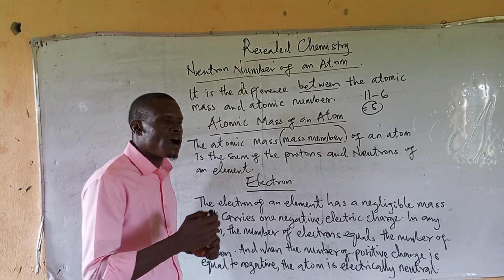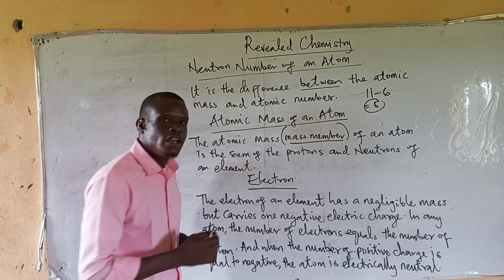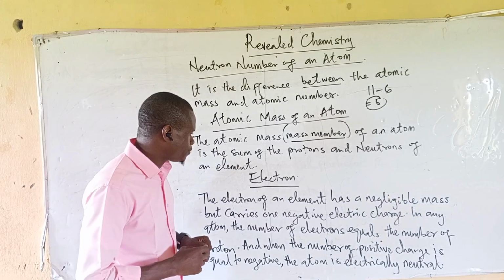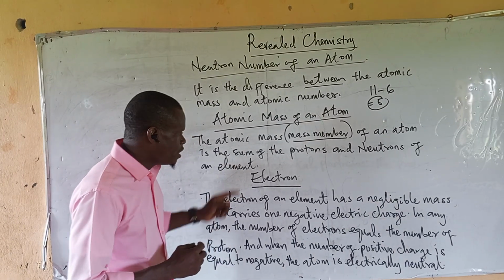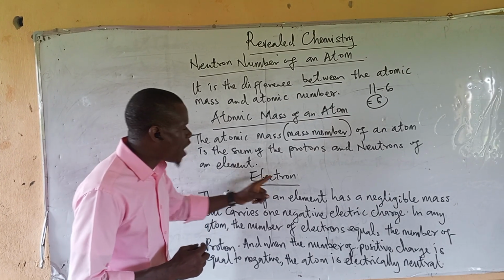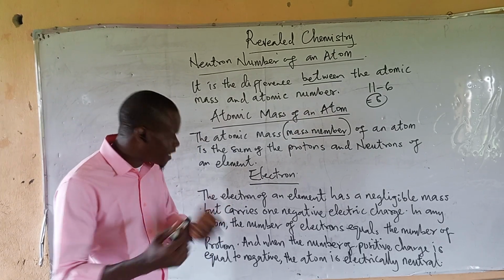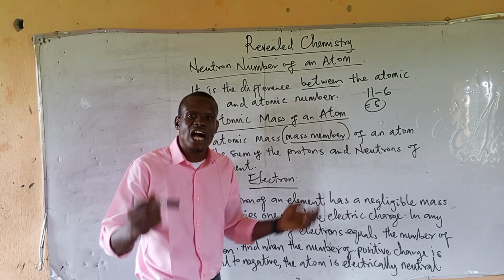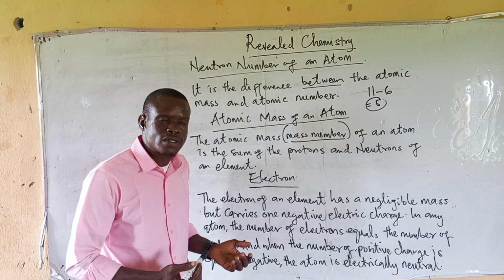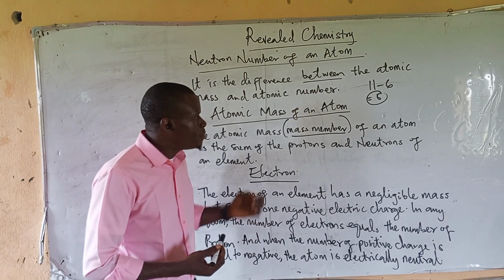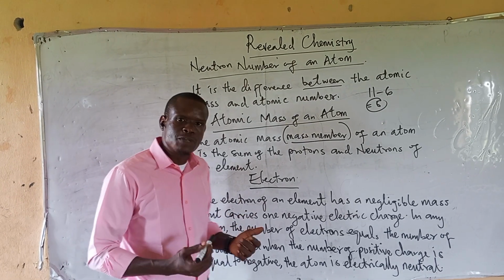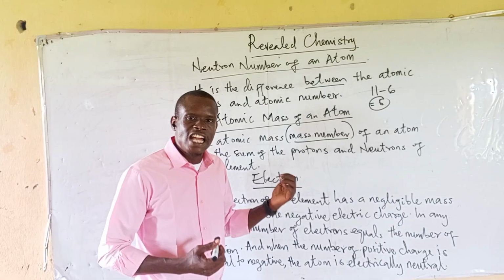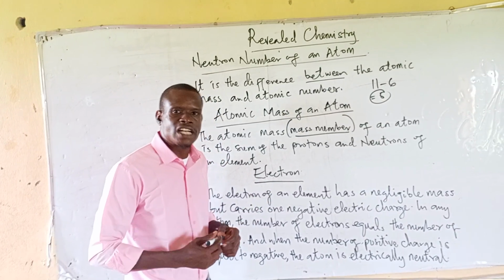So the atomic number can also function in the aspect of the electrons. In the electron, you have to look at it in a key aspect by looking at their charge. They are negatively charged, because the nucleus is positively charged, and the electrons are negatively charged.